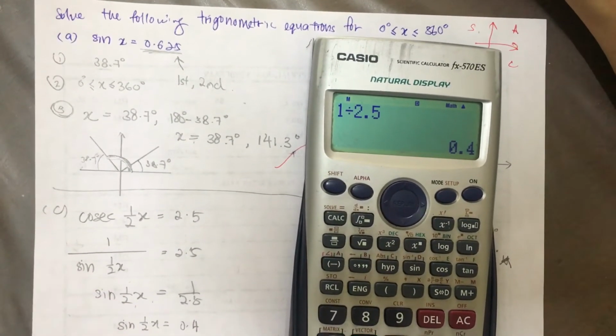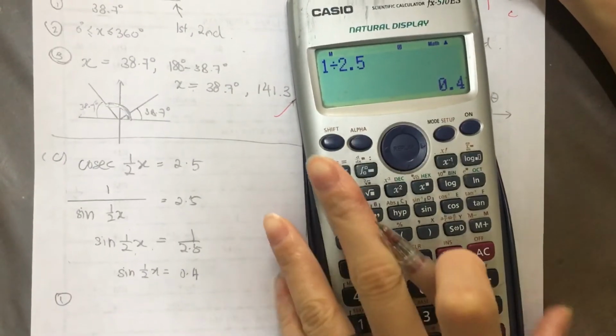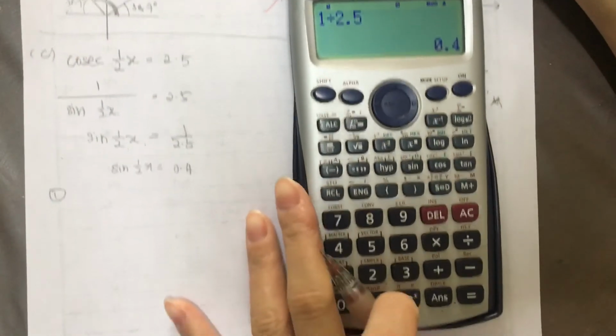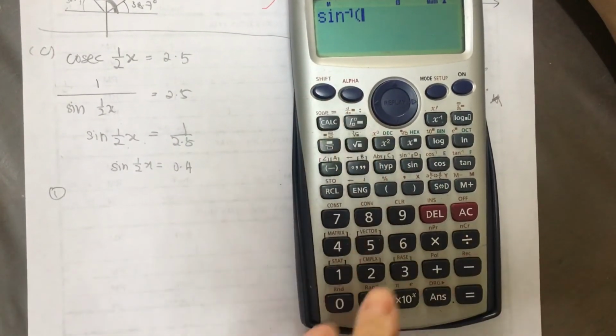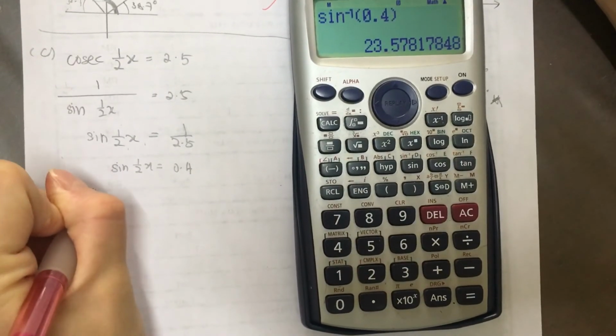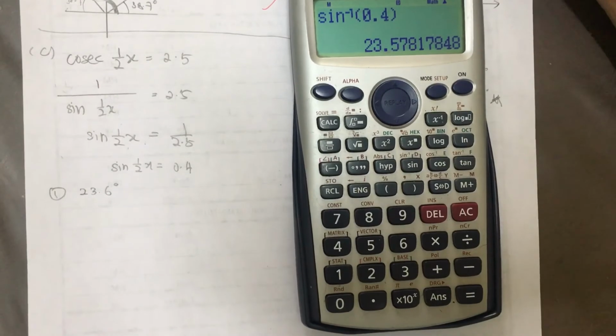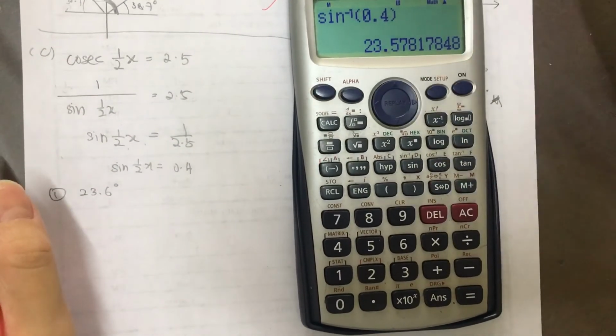So for your first step, find the reference angle. How do you find it? Your reference angle will be shift sine 0.4, which is 23.6 degrees. After you get your reference angle, find the range of your angle.